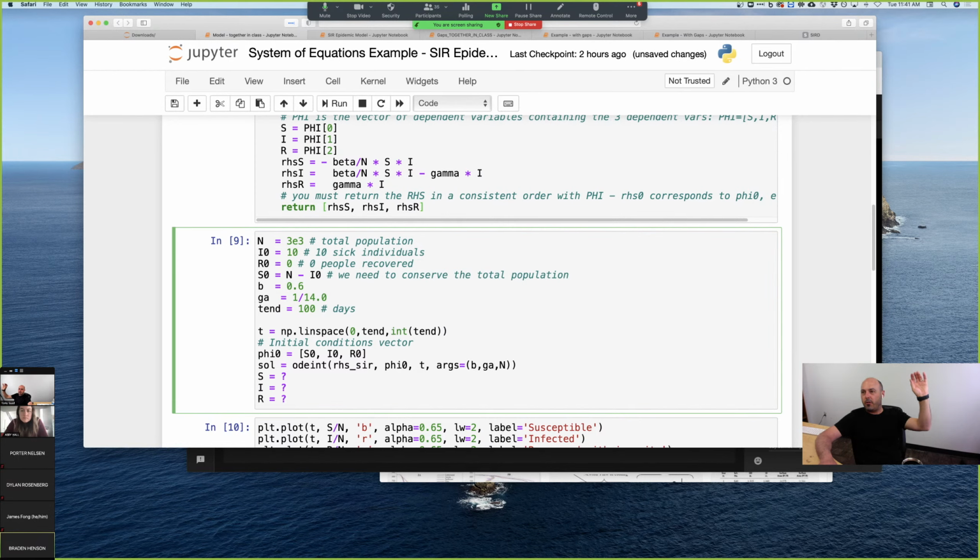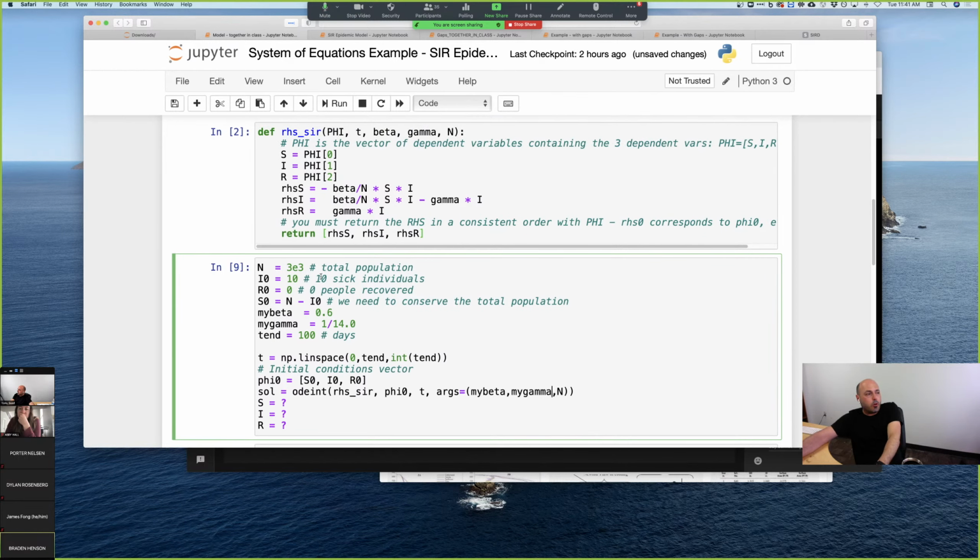In the mathematical model, in your code, you called beta B and gamma Ga. You could have called it my beta and my gamma, whatever you want. It's just the name of a variable, but you have to make sure what your intent is. Over here in the first argument, your intent is to pass the value of beta. So this needs to be my beta, and this needs to be my gamma. This is very important. You could call them beta and gamma. It's up to you.